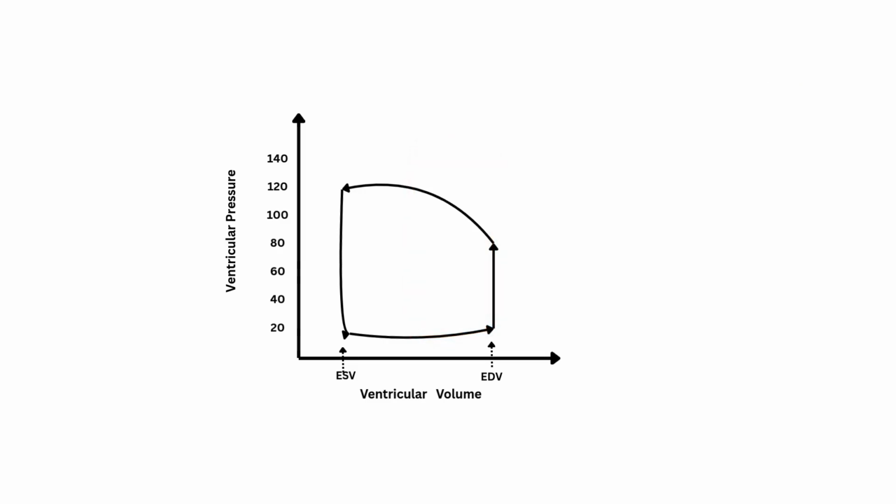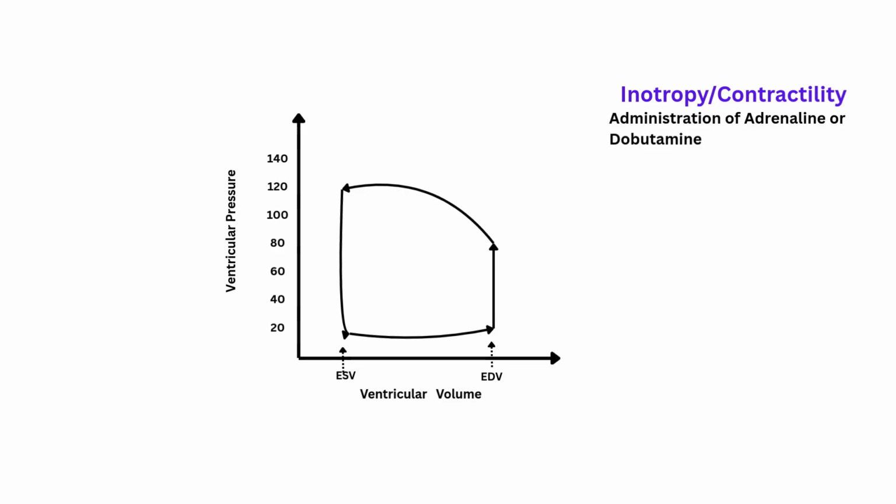The final variable we are going to speak of is inotropy. As in the case of administration of adrenaline or dobutamine, the heart squeezes or contracts more efficiently. As such, the left side of the loop shifts even further to the left.